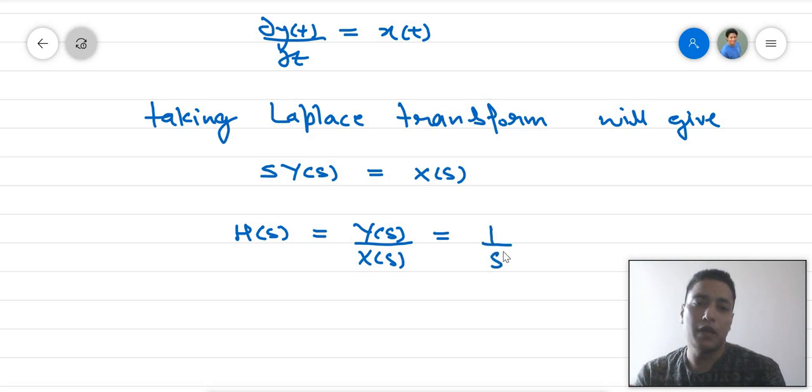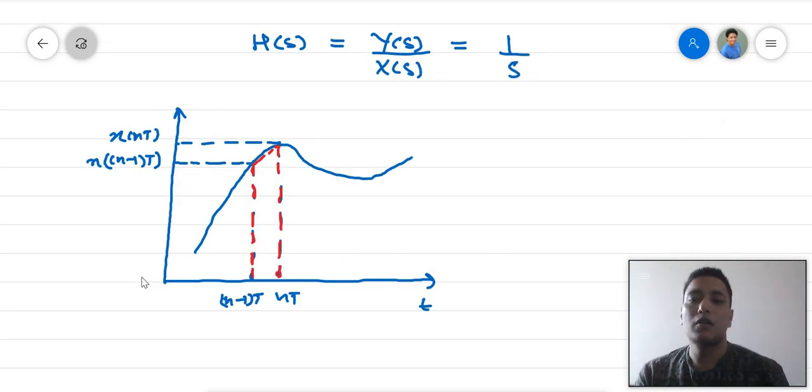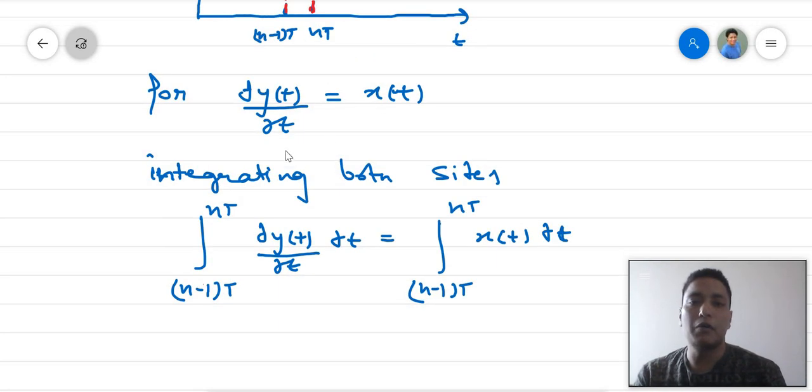equals 1 by s. We can also plot a curve of x(t), which is continuous in nature and goes like this, and if we sample it with period T, then at nT the value will be this, and at (n minus 1)T the value will be this, and then we can integrate from (n minus 1)T to nT. We have dy(t)/dt equals x(t).